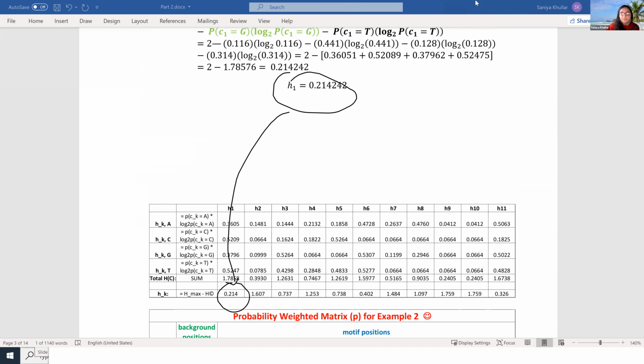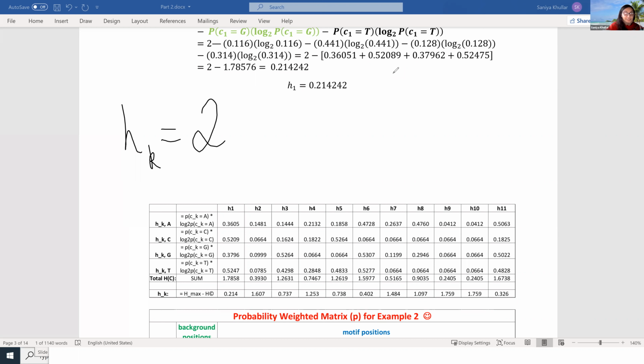Okay, so now let me just explain again. This is our H max. That's what this thing is, the 2 that we found, minus this.